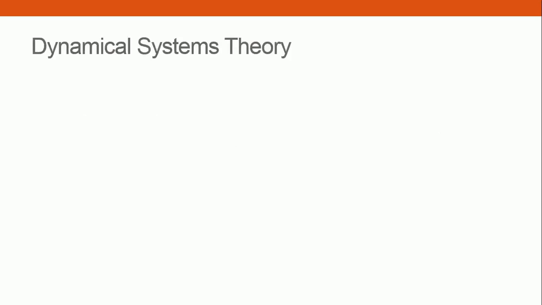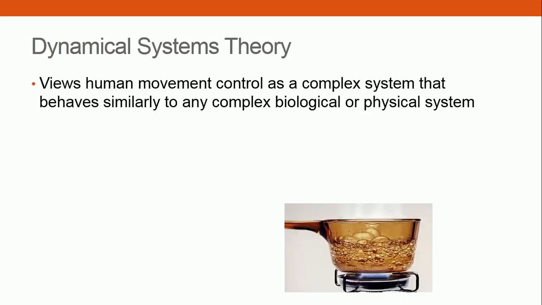Dynamical systems theory is a much larger theory that goes well beyond motor control and explains a lot of different phenomena, really in any area of science, any area of life forms, essentially. When we look at it in terms of motor control, this theory views human movement control as a complex system that behaves similarly to any complex biological or physical system.